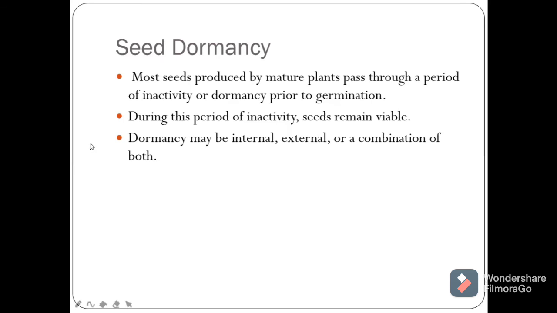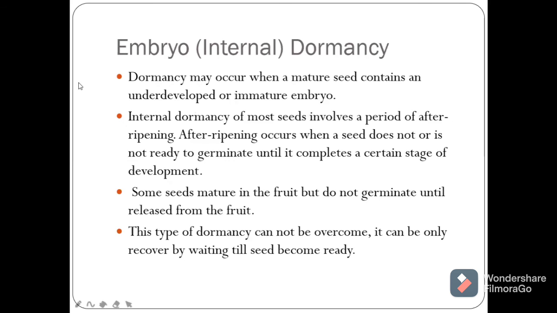Now we will talk about internal dormancy, meaning dormancy in the embryo. This kind of dormancy occurs when the seed contains an underdeveloped or immature embryo. Internal dormancy of most seeds involves the period of after ripening.